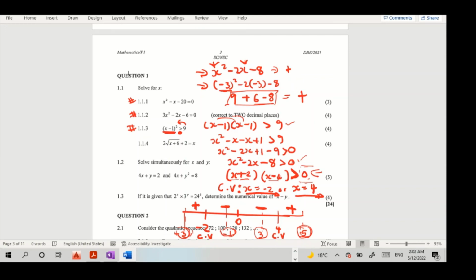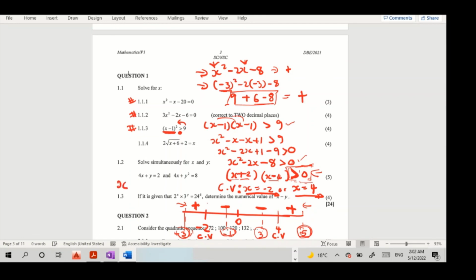So now remembering that the question says that we want solutions which give us greater than 0. Greater than 0 is positive. So where is positive? It's here and here, right? So how you're going to conclude is this. These are your critical values. Use your critical values to conclude.